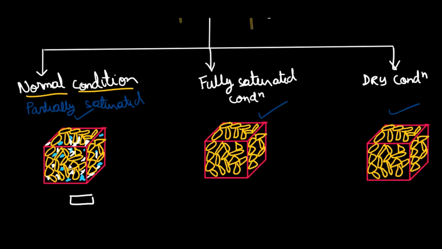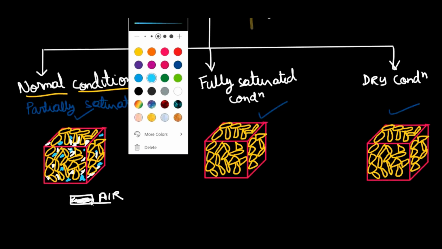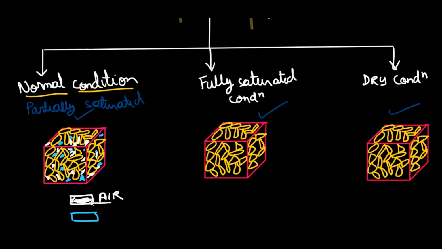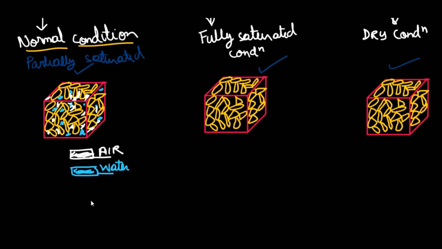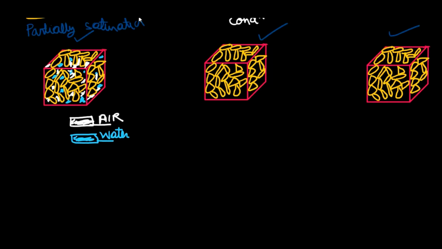Let me draw this one also. This one is the air, this one is the water, and this one is the soil solids, or you can say soil solid particles.